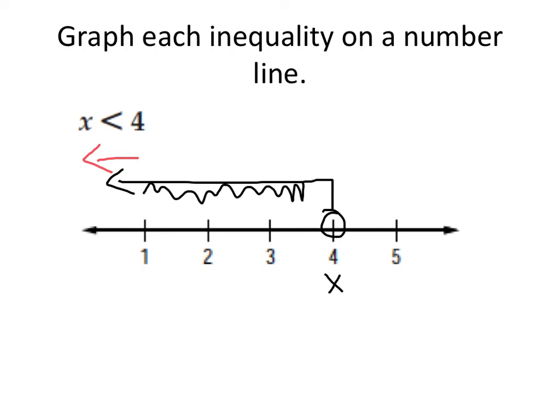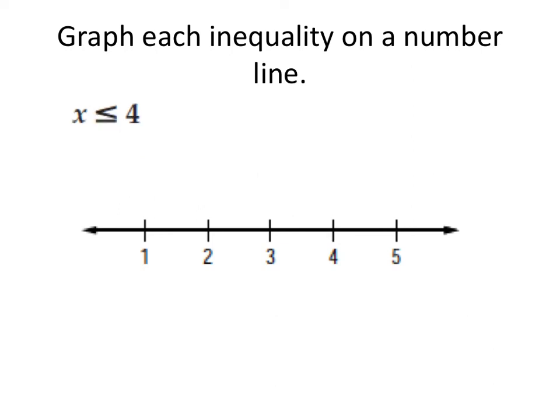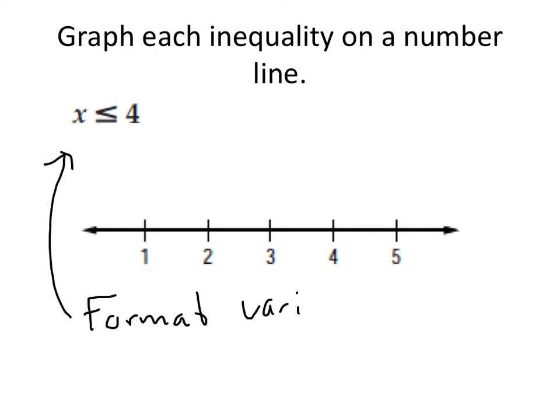make that statement true. All right, this is our last example for number lines. And if you remember, I talked earlier about format. And you can see here, if you keep it in the format as above, where it's the variable, the inequality, and the number, it'll be very easy to graph. So let's go over this. We have x is less than or equal to 4.